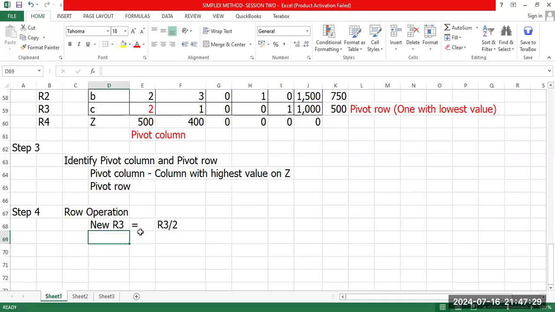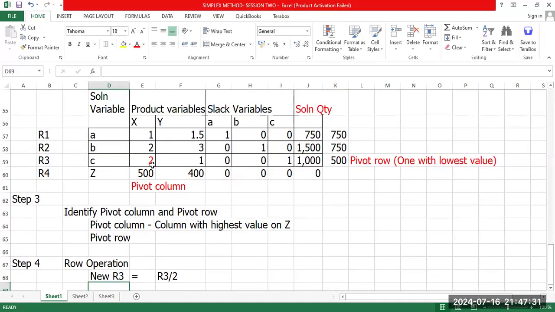Okay, then once you're done with that, it means that you must come up with formulas that are going to help you to make this value appear as 0, this value appear as 0, and also this value appear as 0.